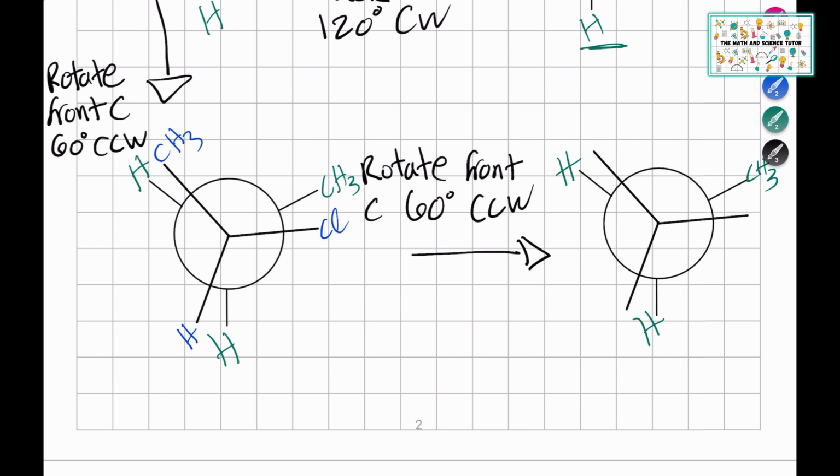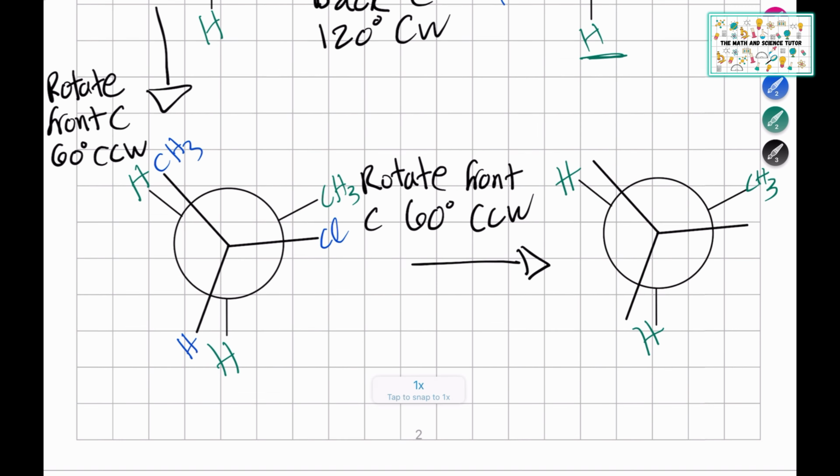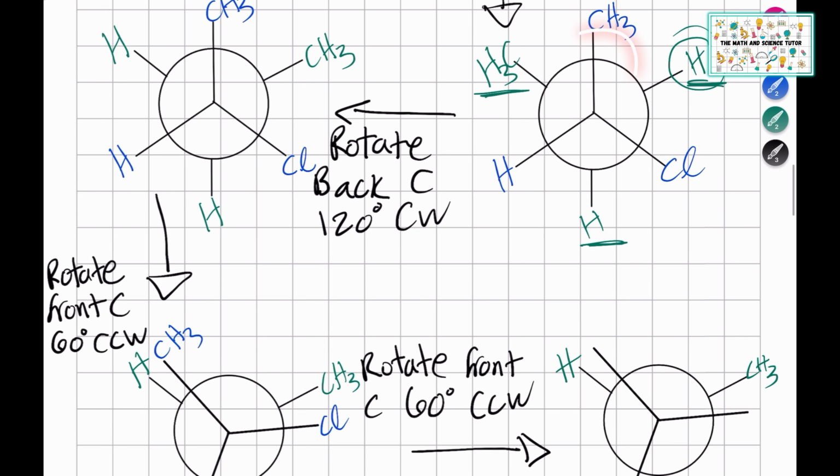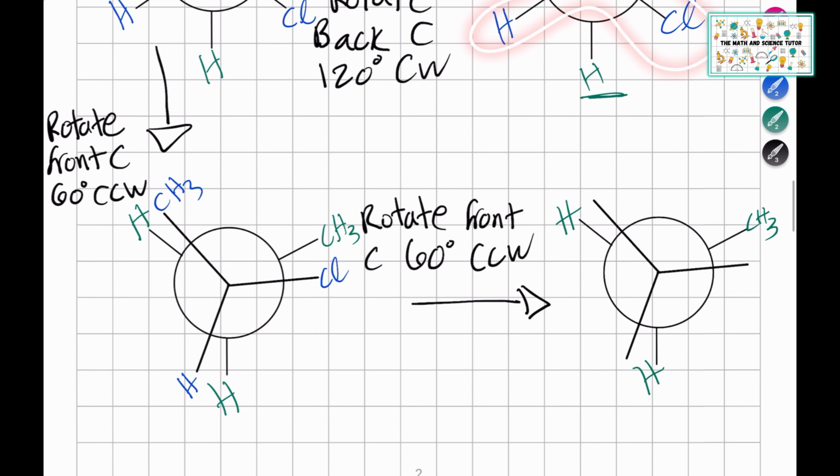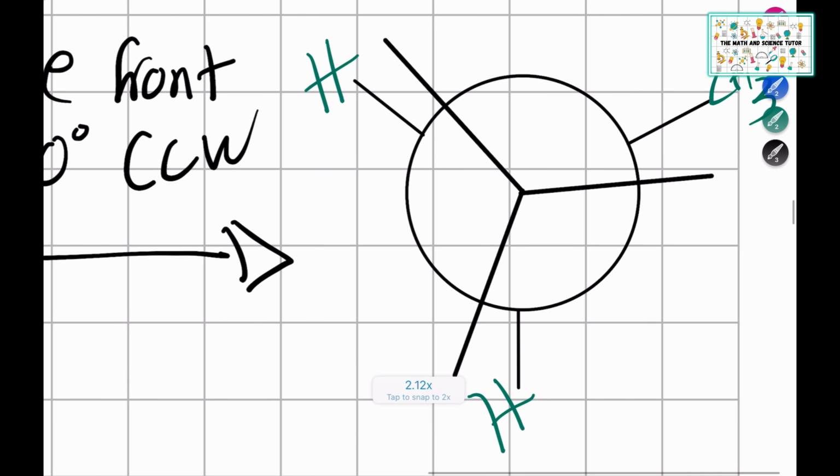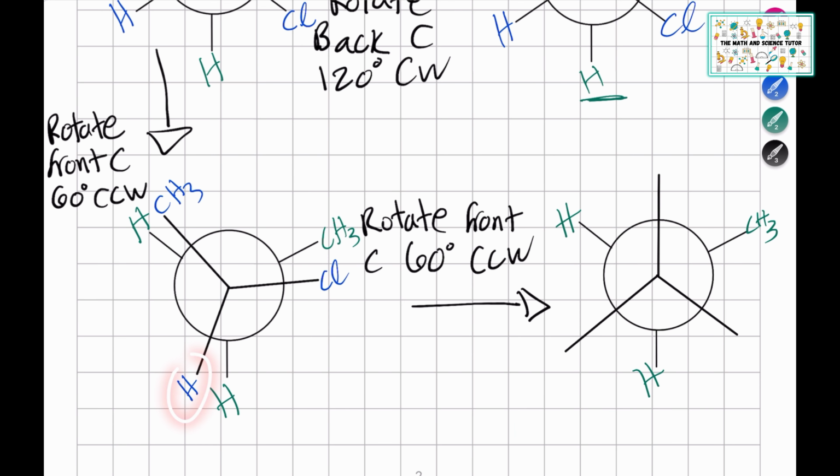Now since we're also again rotating 60 degrees counterclockwise, this is also not going to be like that. It's going to go back to this form since we only rotated it 60 degrees. And this H is going to be here.